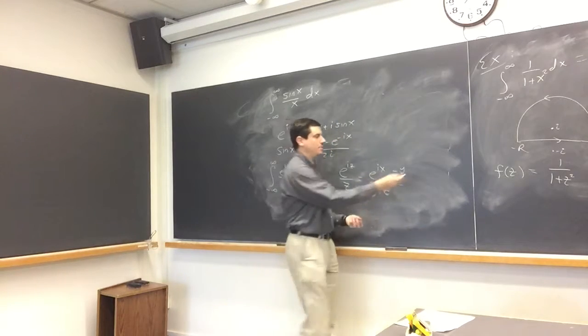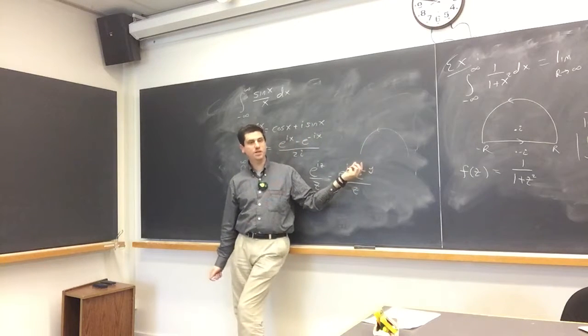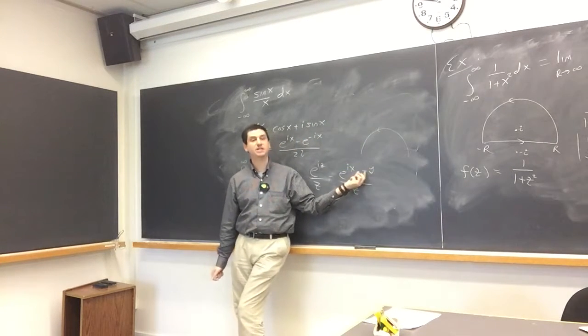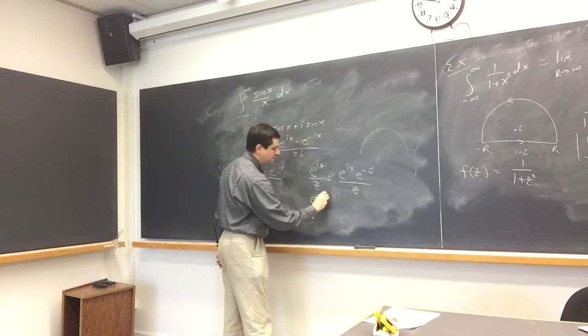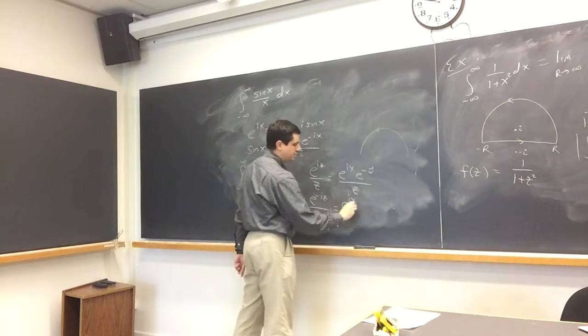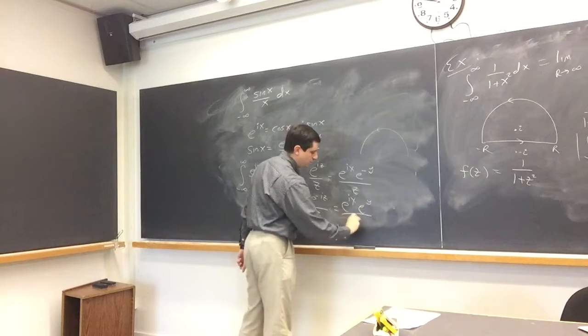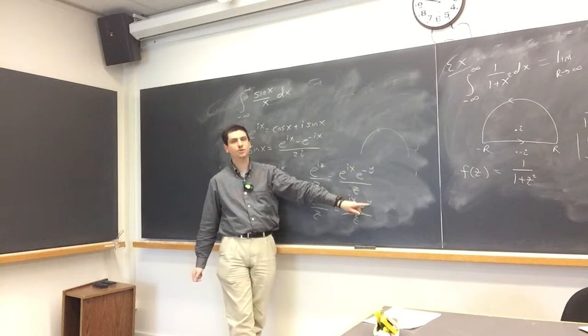Well, if I'm in the top, y is going to be positive except at the endpoints. I should be getting some decay from this. I should be okay. The problem is the e to the minus iz over z term. This is e to the ix, e to the y over z. And so now if I integrate on the top, this is going to blow up.